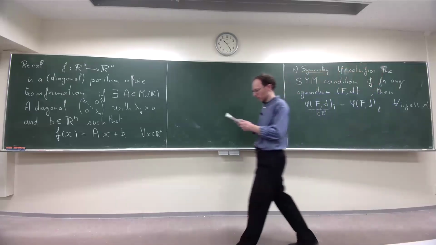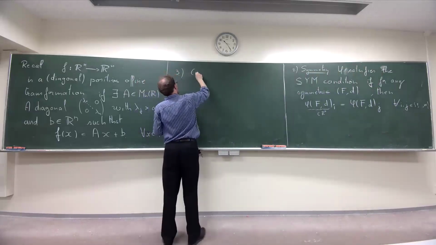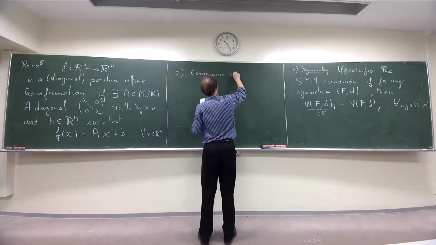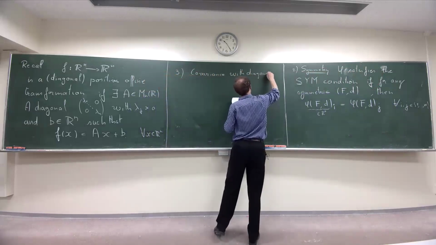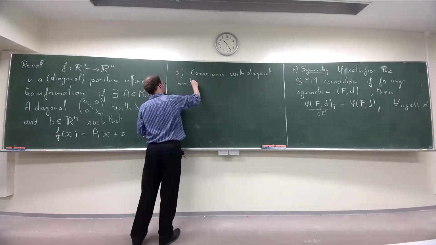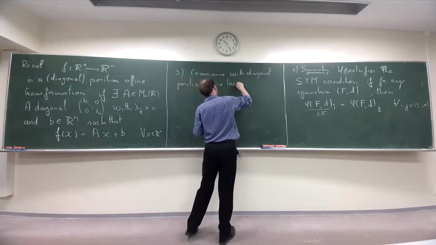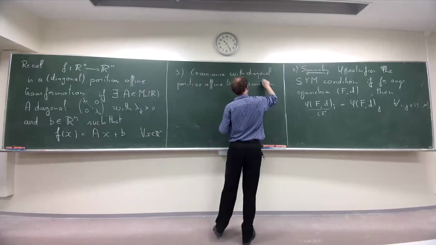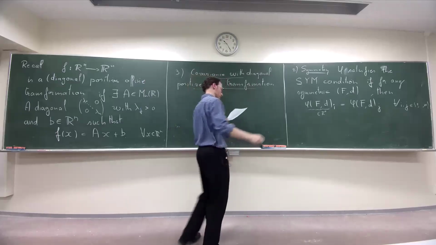So the third condition is covariance with diagonal positive affine transformation. Of course, I will write this only once. Covariance with diagonal positive transformation.